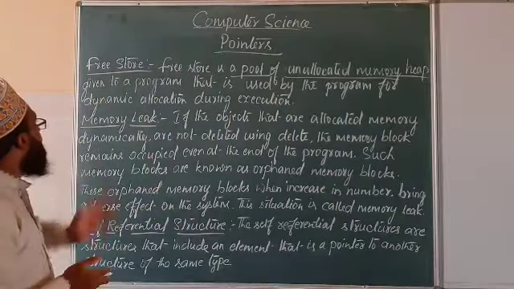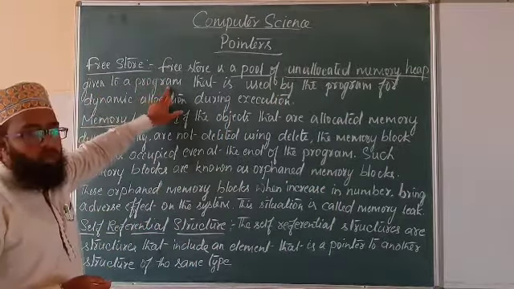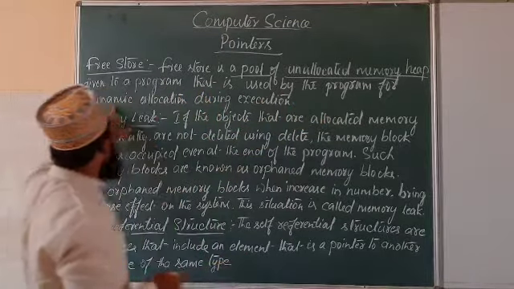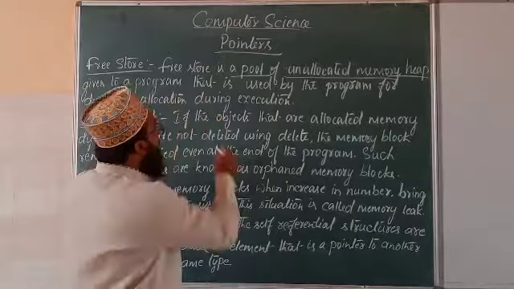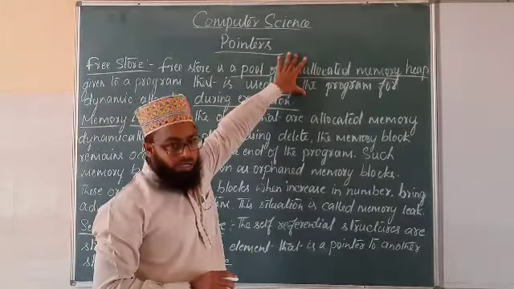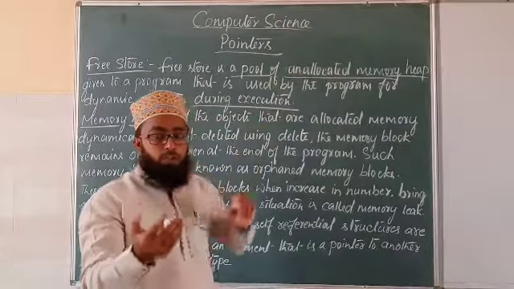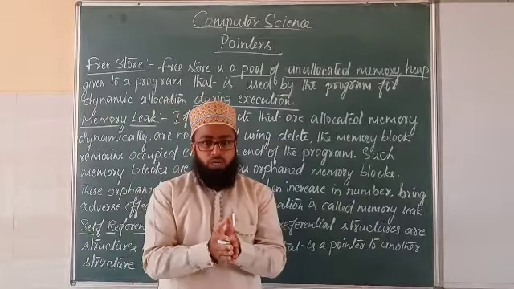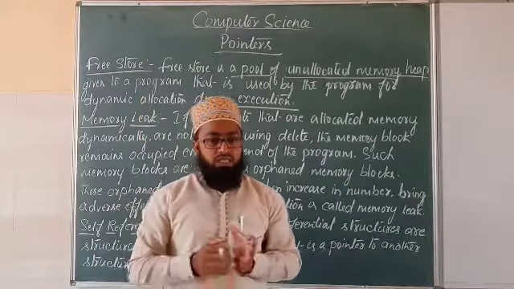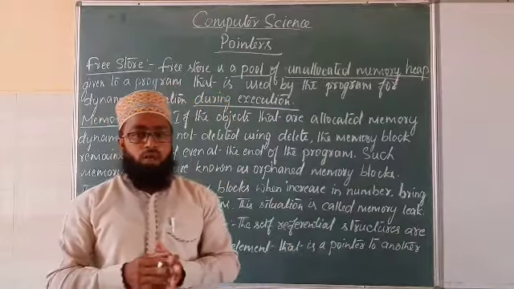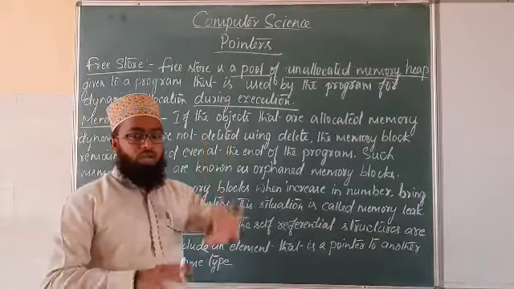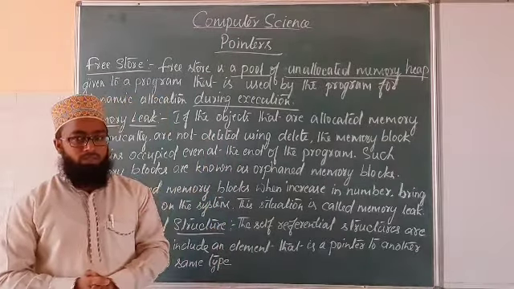It is given to a program, and that is used by the program for dynamic allocation during execution. It is free memory which is given to the program at the time of execution for dynamic allocation. This type of memory we call the free store. Hope you have understood. I am going to explain one more time.